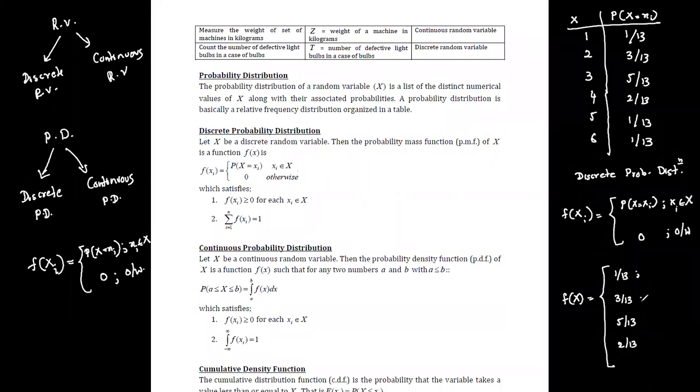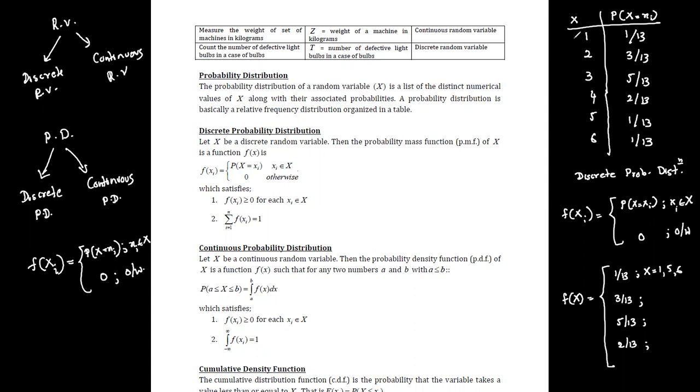And if you see what values are associated with these probabilities, then we can say that when x equals 1, 5 or 6, we will get the probability as 1 over 13.